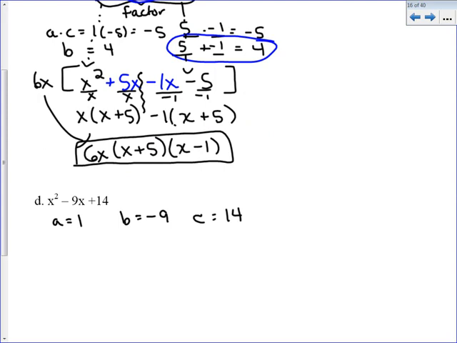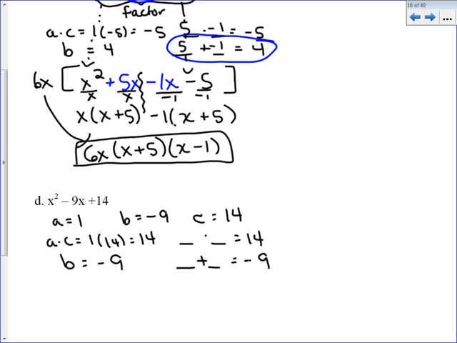We can do the AC method. We multiply A times C, which is 1 times 14 is 14. B is -9. So I'm looking for a pair of numbers that multiplies to 14 and adds to -9.